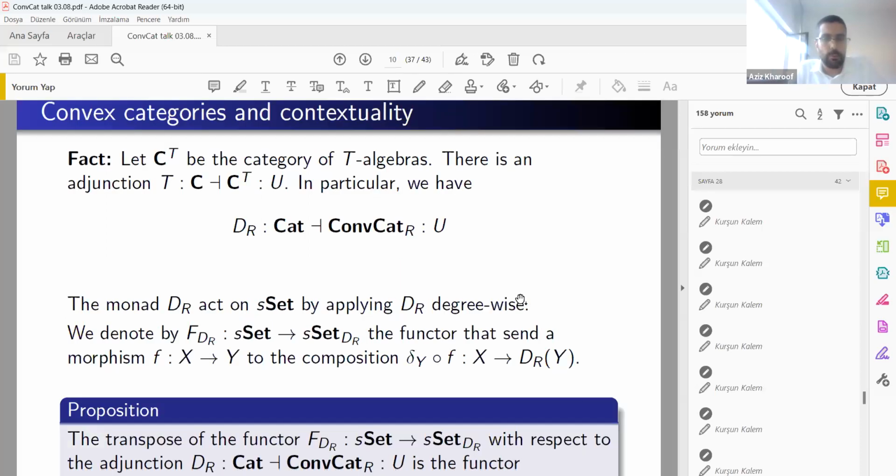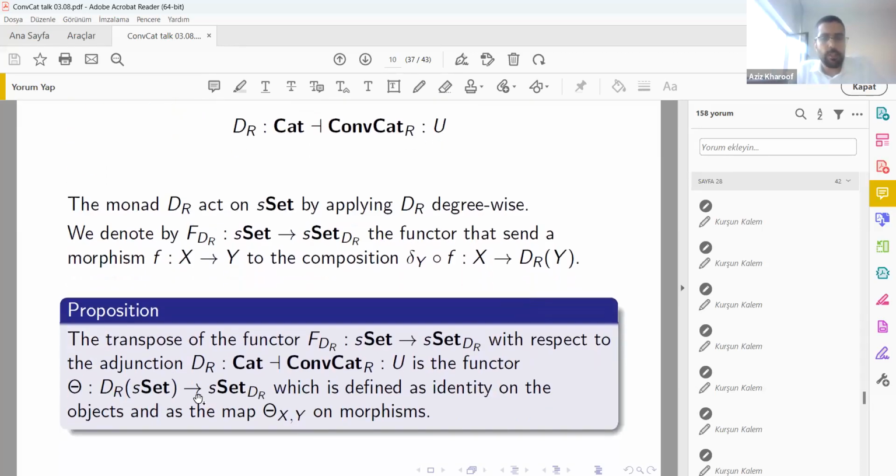So let me show you the proposition. The proposition says that the transpose of the following functor with respect to this adjunction is a functor in the convex category, because we take this functor in categories. The transpose of this is the functor here.